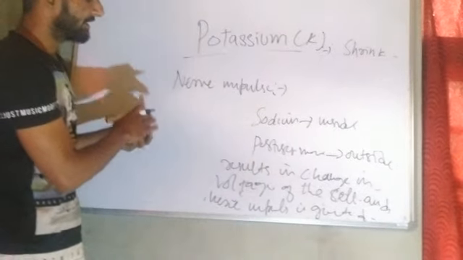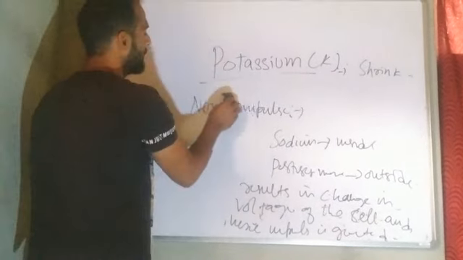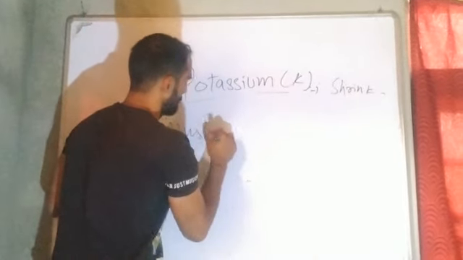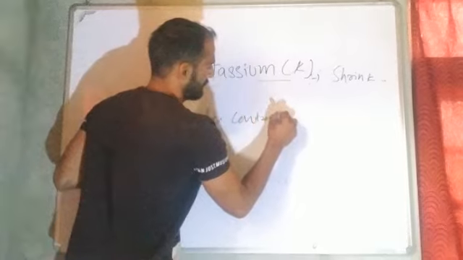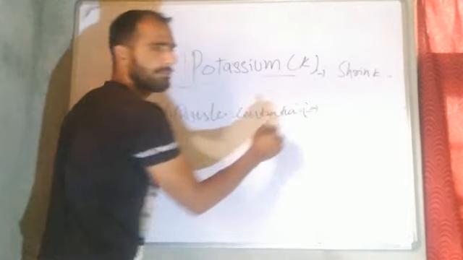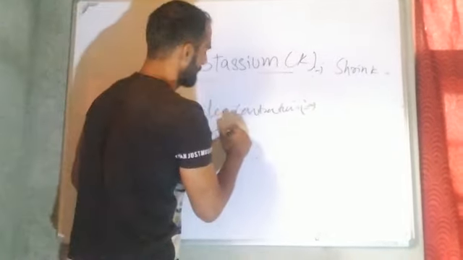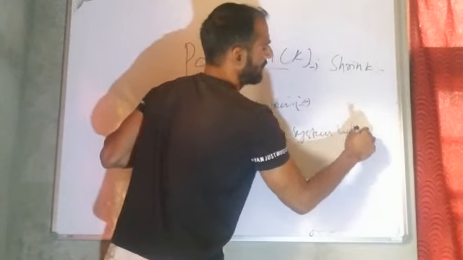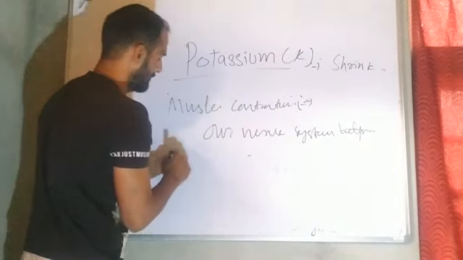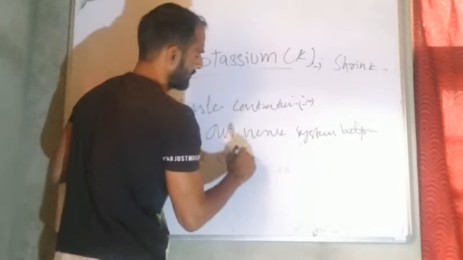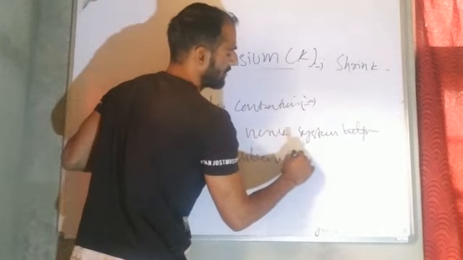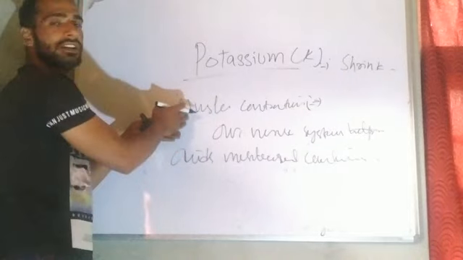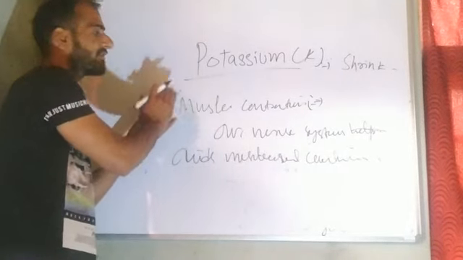ठीक है, तो इसी तरह से अभी अगर हम बात करेंगे in how does it help in the muscle contraction. Simply our nervous system aids muscular contraction, which is dependent upon the potassium, right?